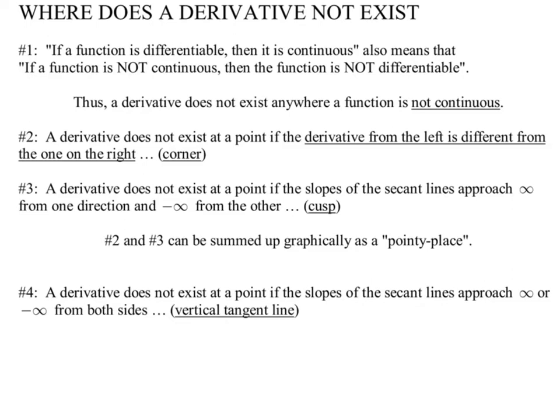The second part and third part are kind of close to the same thing. The derivative does not exist at a point if the derivative from the left is different from the one on the right. In other words, it makes a corner. The absolute value function is a good function to think of with that.